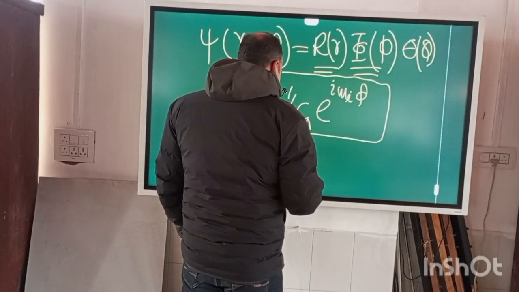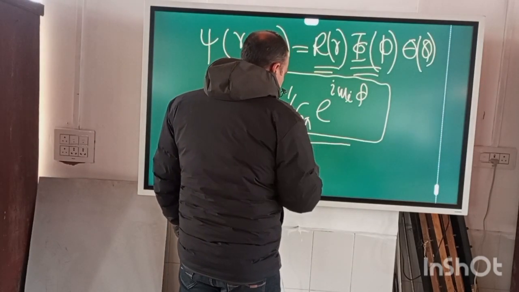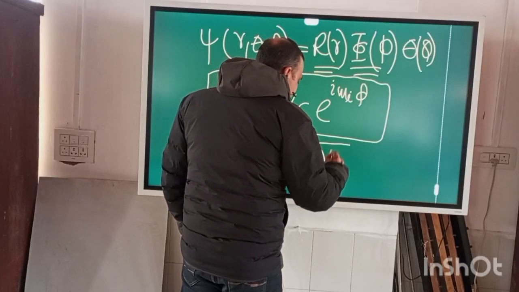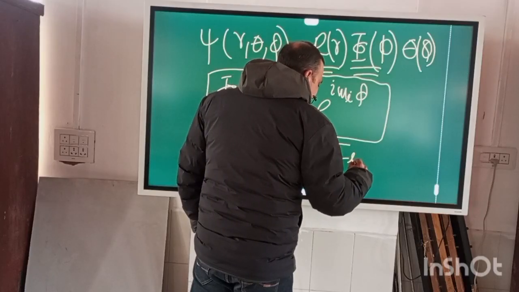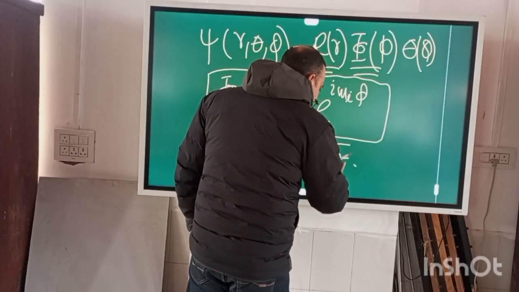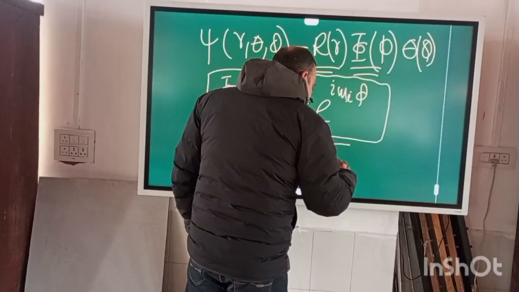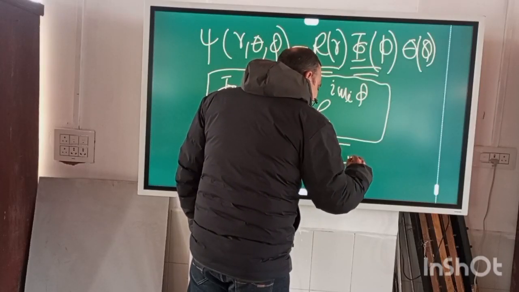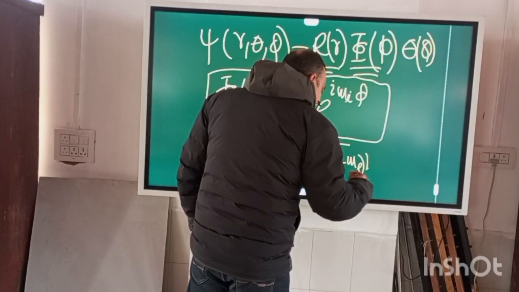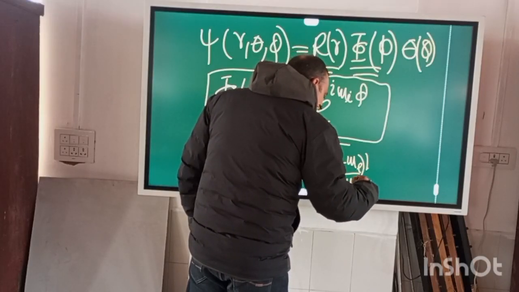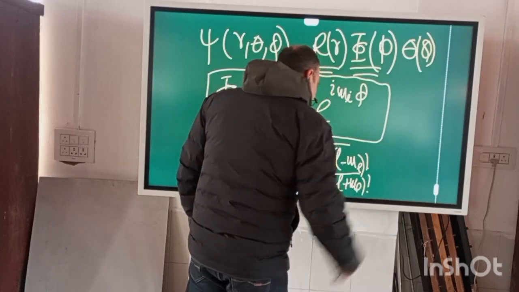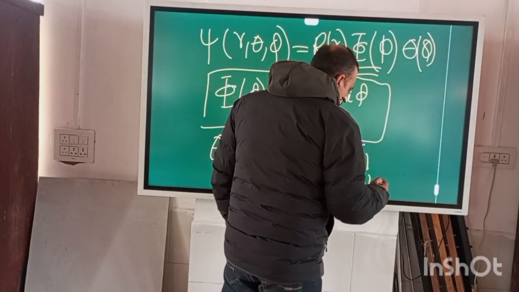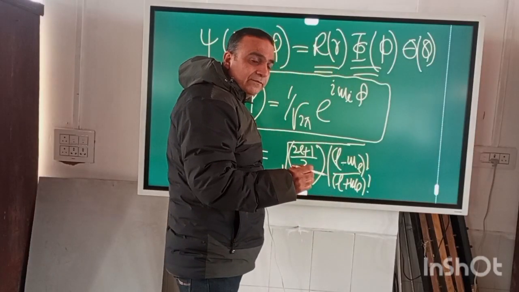It was under root of (2l plus 1) by 2, times (l minus ml) factorial divided by (l plus ml) factorial. Okay, it has to be l minus ml. And then, after that, this is Legendre's polynomial, P_l^ml of x.